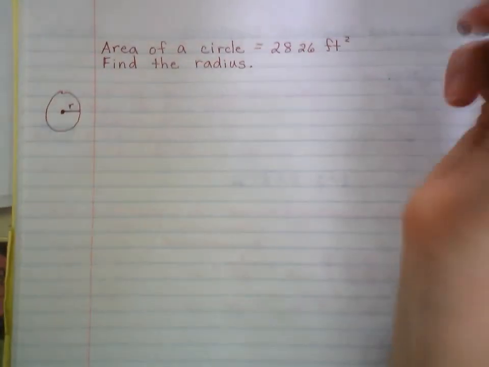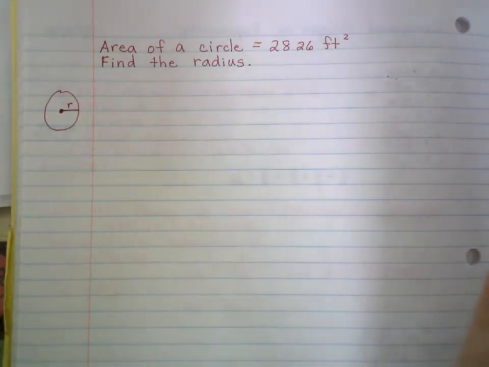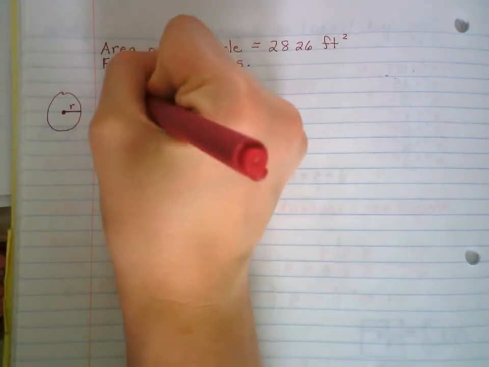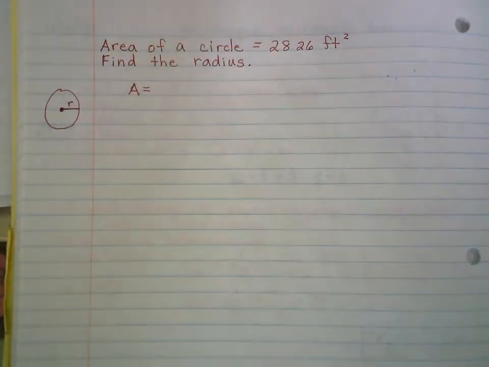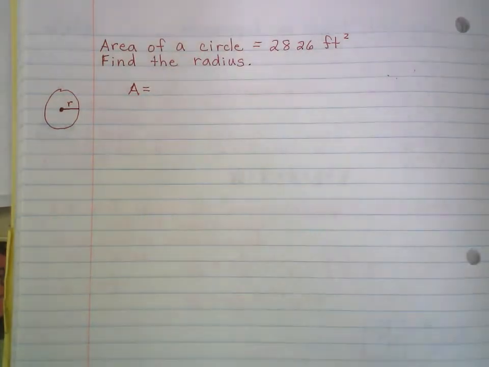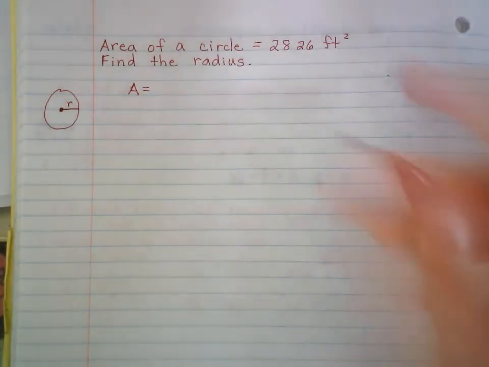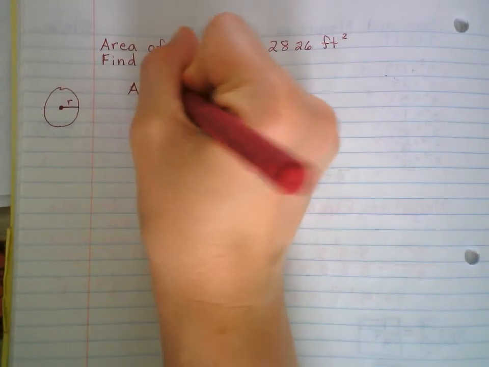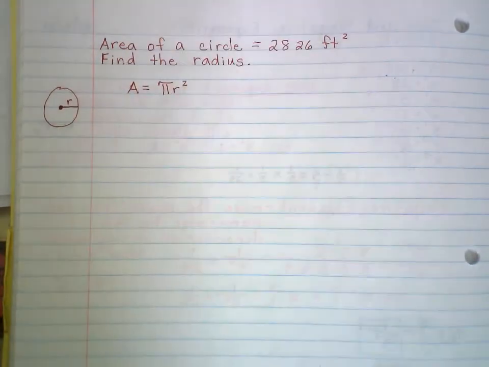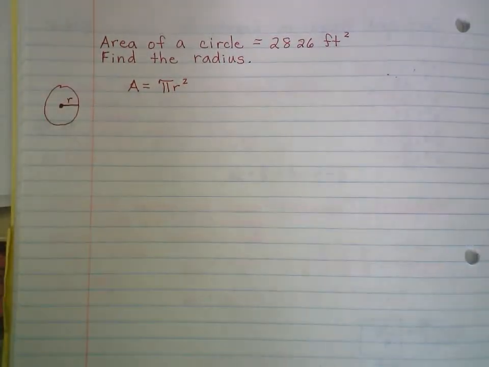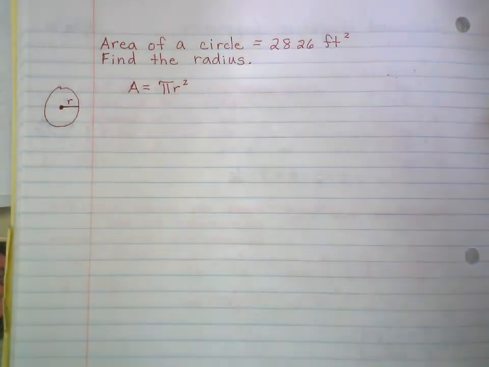So let's, major throwback, what's area of a circle formula? Okay, area equals, I wonder if you guys remember it. Is it pi r squared or is it pi d? Area, pi r squared. Pi d is for the circumference, the distance around. So area equals pi r squared.